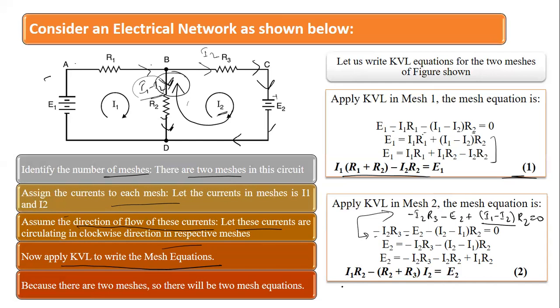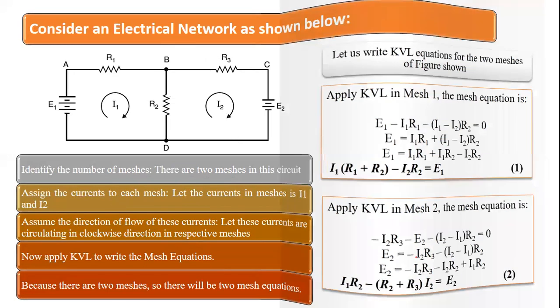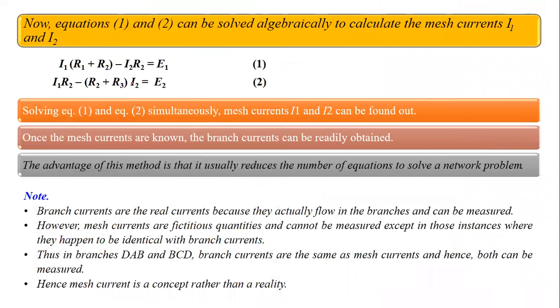Then we will simplify these equations, so we get a new equation, which is equation number 2. In equation number 2, we can say that EMFs are equal to voltage drops. Here also, EMFs are equal to voltage drops. Now let us take these two equations all together.